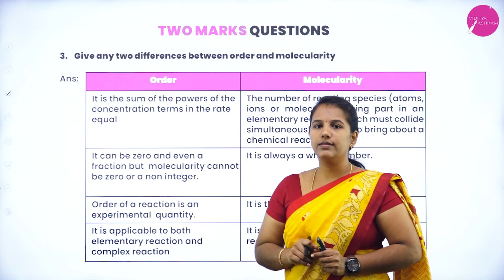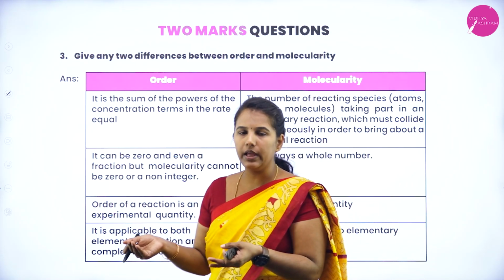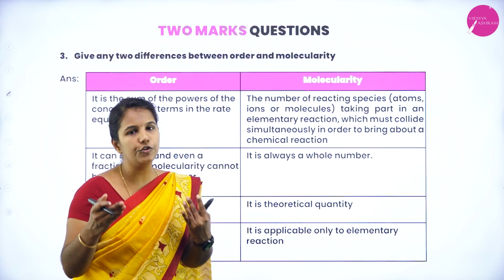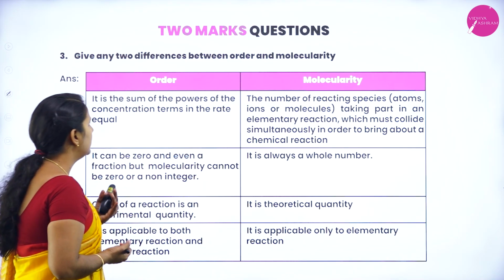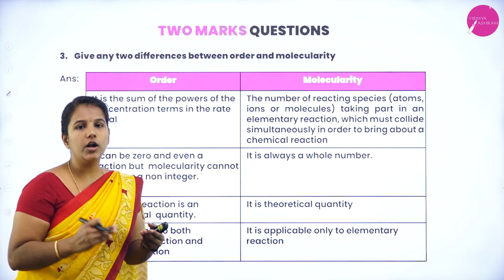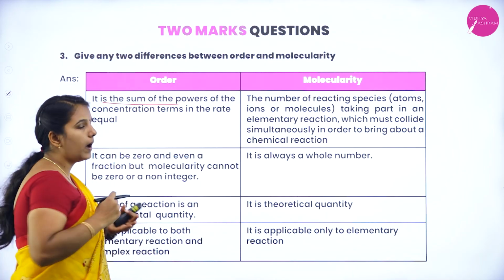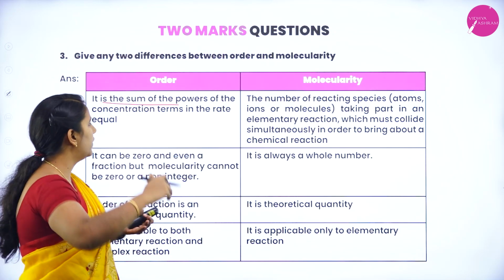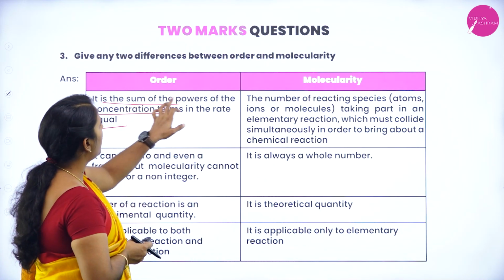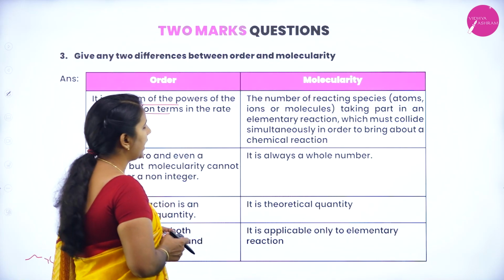Next, give two differences between order and molecularity. This question can also be asked for 3 marks. If it is asked for 3 marks, you have to write 3 differences. If they ask you to write for 2 marks, at least 2 differences you have to write. Let us understand once again order and molecularity. As I already explained, order is obtained by the sum of the powers of the concentration terms of the reactants in the rate equation, or rate expression.